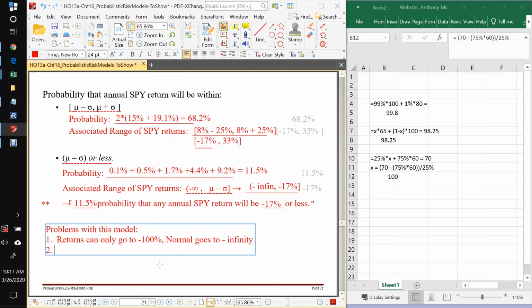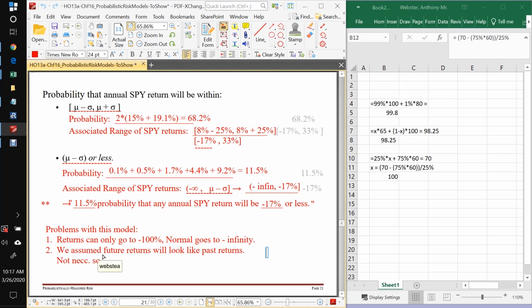Okay, and the second thing is that, remember our foundational assumption? We assumed future returns will look like past returns. Okay, and that's not necessarily so. That's maybe a reasonable assumption for something like all the stocks in the S&P 500, but if we're looking at an individual company in particular, that's definitely not true.